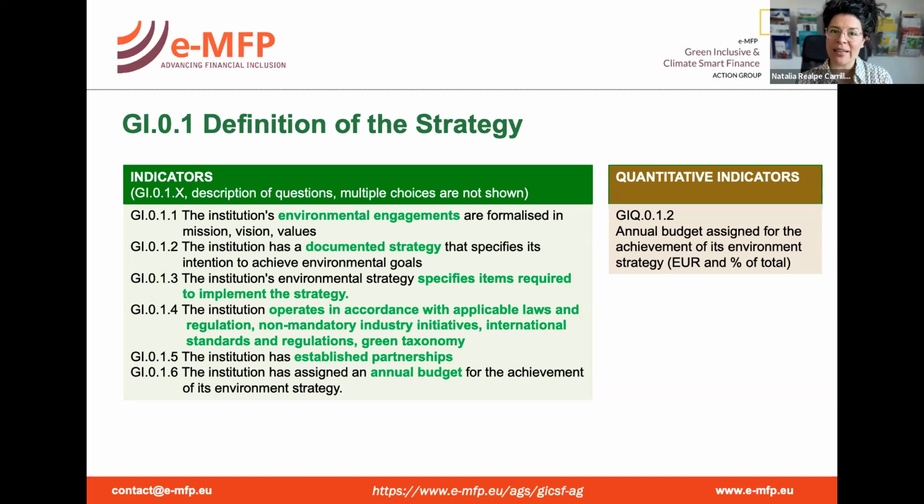The institution has assigned an annual budget for the achievement of its environmental strategy. These are the qualitative indicators, and we have also quantitative indicators that the institution can also track. For instance, here, the annual budget assigned for the achievement of its environmental strategy.